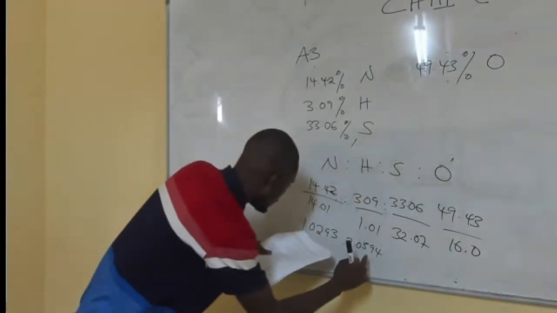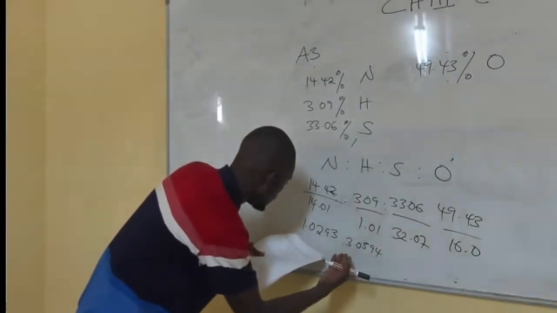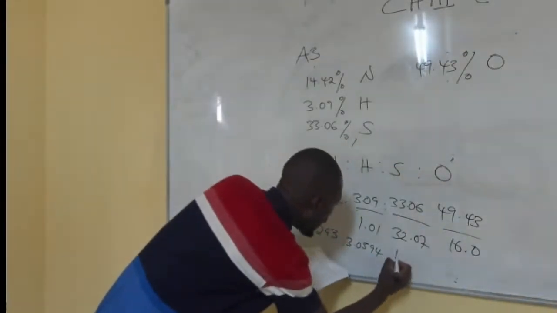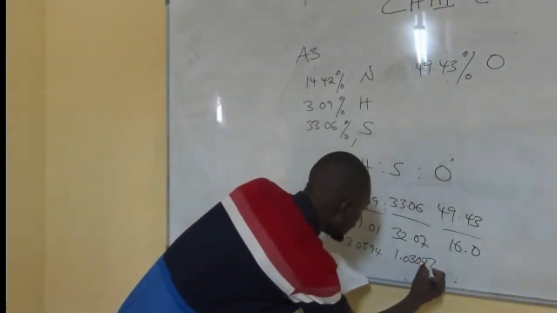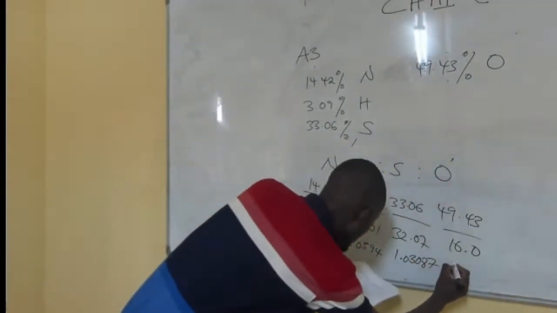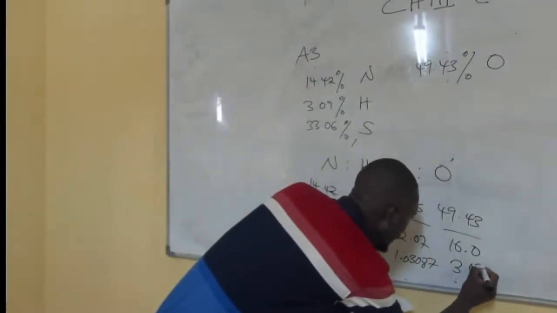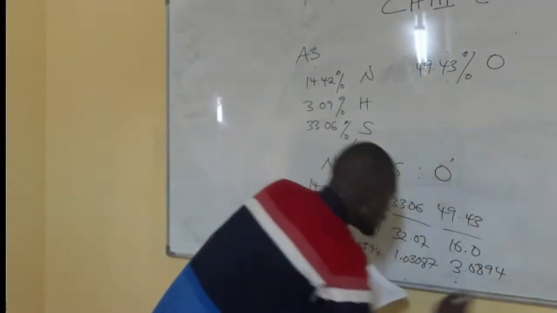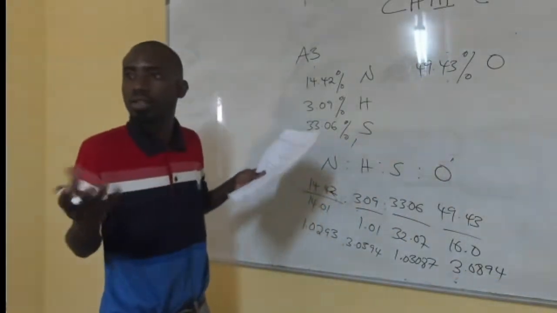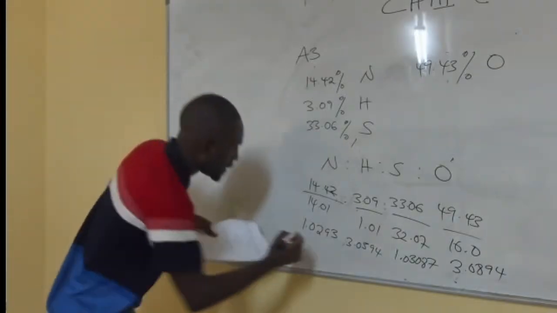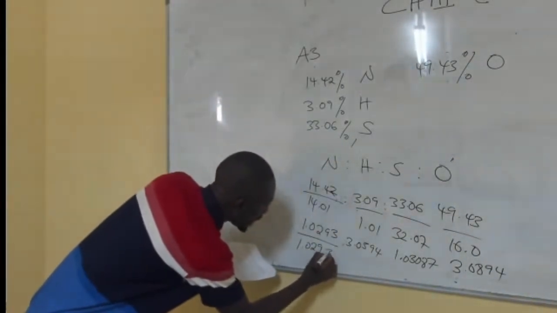Then you have got there 1.03087. Then lastly, you have got down there 3.0894. Since you have gotten this one, now you look at the list. Which one is smaller? You are going to say 1.02. You divide throughout.